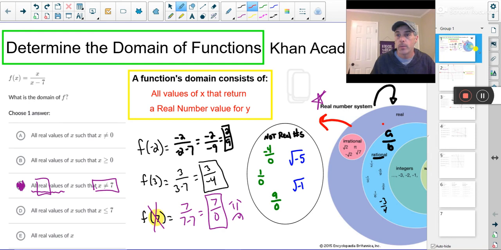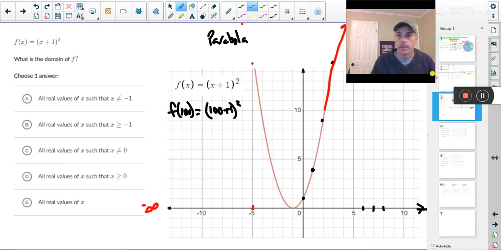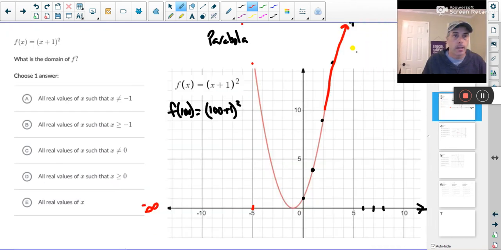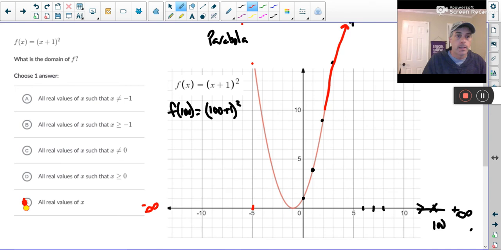Okay, so with that thought in mind, I'm going to say that all real numbers satisfy the domain. The domain of x plus 1 squared, or really, hint, hint, any parabola.